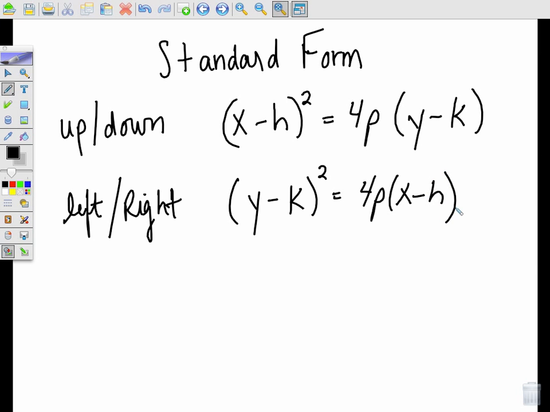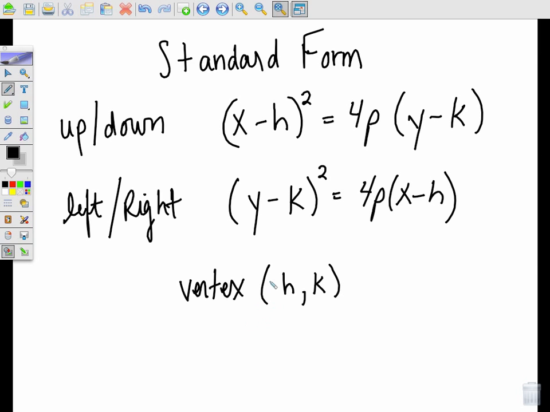So those are called standard form, and when we go to graph them by hand, we're going to go back and look at some of the more important parts to this standard form. But let's go ahead and talk about one part, and that is the vertex of our parabola is (h, k), and it always will be. And your h and your k are always the opposite sign.